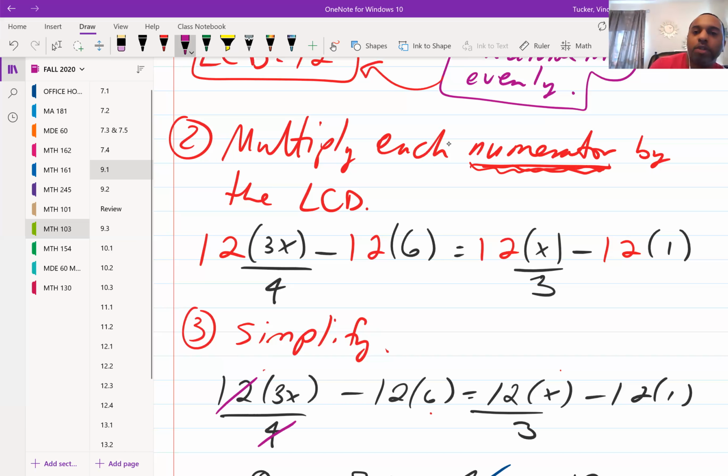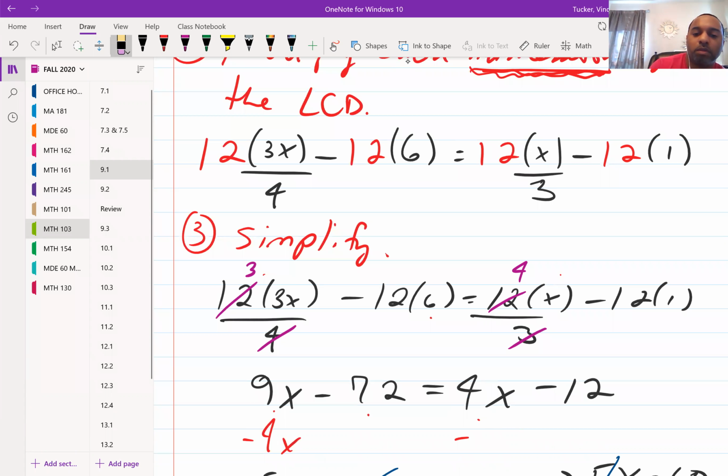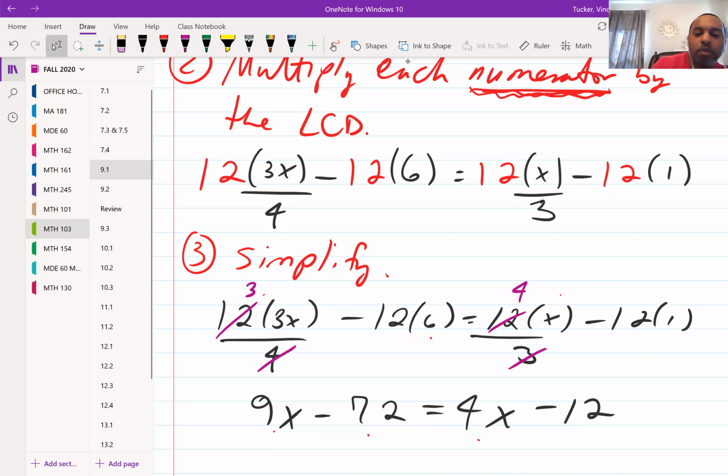So that leaves us with 3. 3 divides into 12, leaving us with 4. All right, and let me erase this. Just want to write this down.